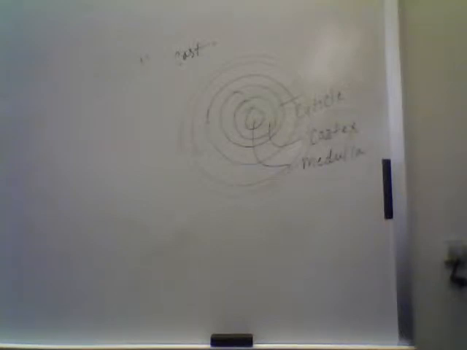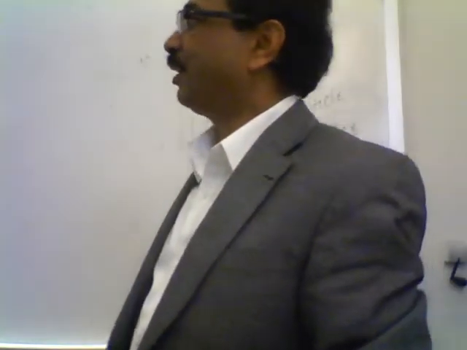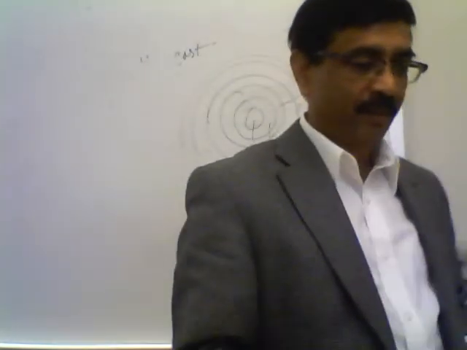You have internal epithelial root sheath around the cuticle, then external epithelial root sheath, then glassy layer, transparent layer, like a thin layer of glass, and then the connective tissue root sheath. So those four layers are the additional layers around the shaft in the follicle.